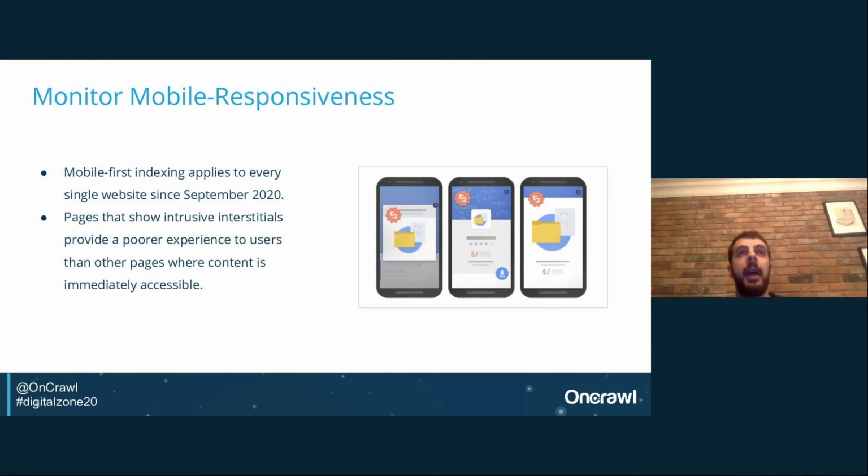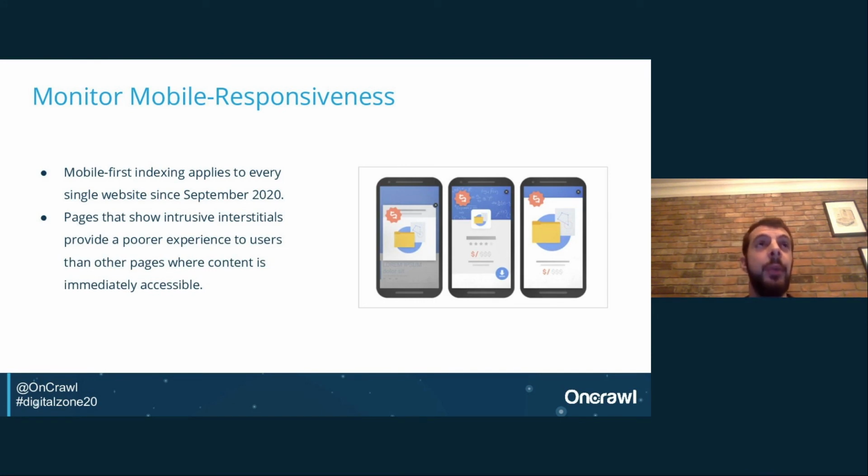As an instance, I have a client that has a website with around 150 million pages, and he had a penalty two months ago because he used intrusive interstitials. And when you have a penalty, it's harder to recover from it and to get traffic.